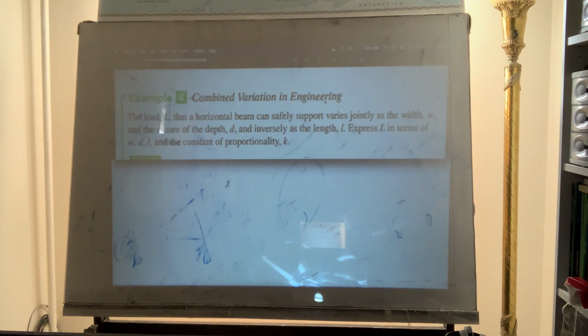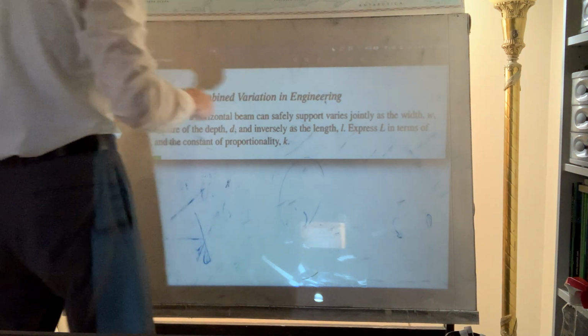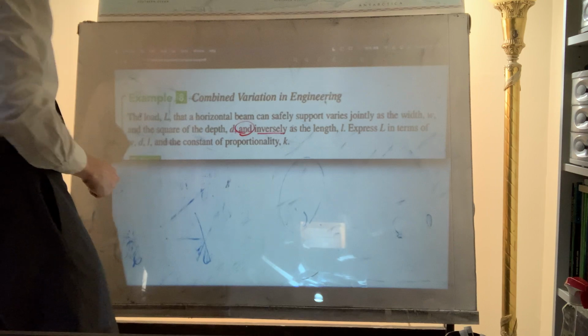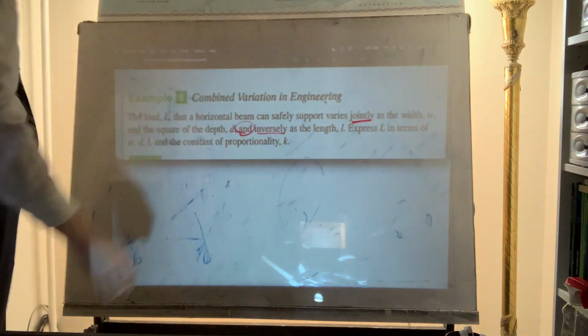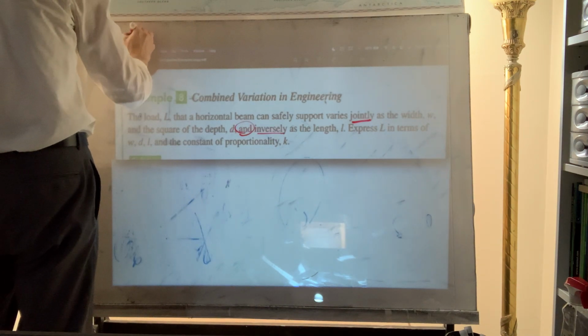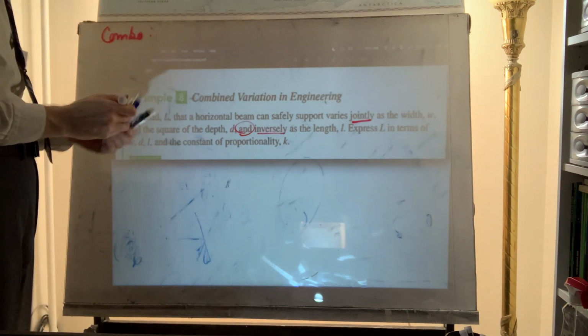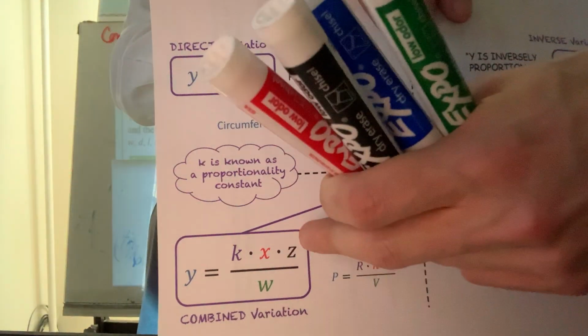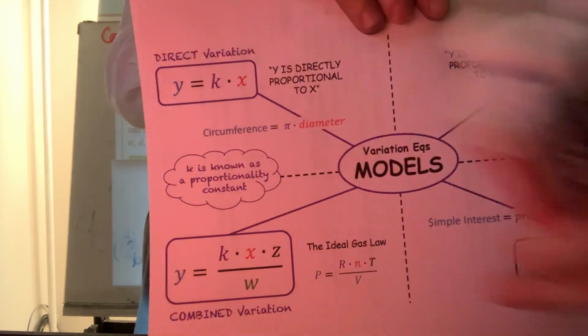The load L that a horizontal beam can safely support varies jointly as width W and the square of the depth D, and inversely as the length L. That's the combo model, which means that we're going to borrow this one that you see here, that has an upper tier and a lower tier, a numerator and a denominator, essentially.